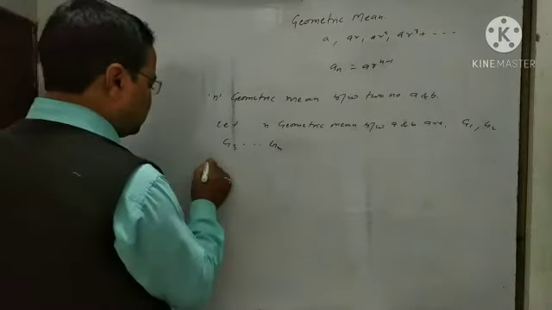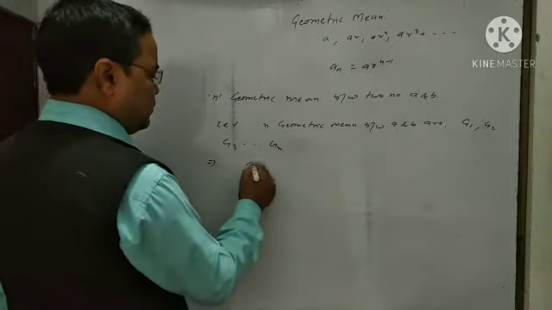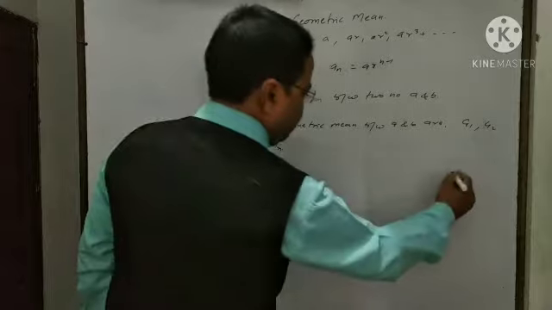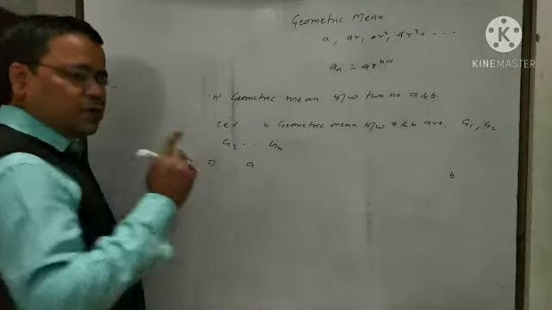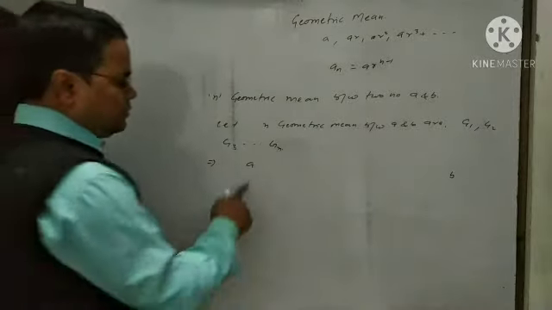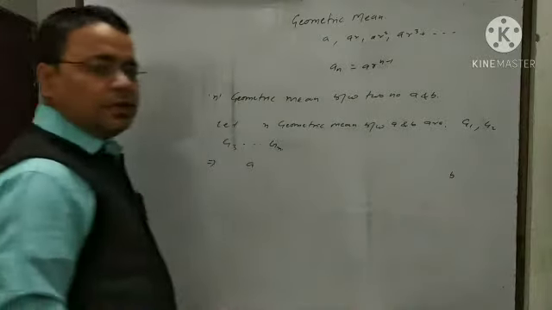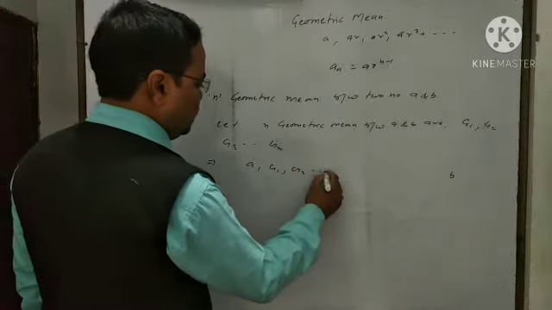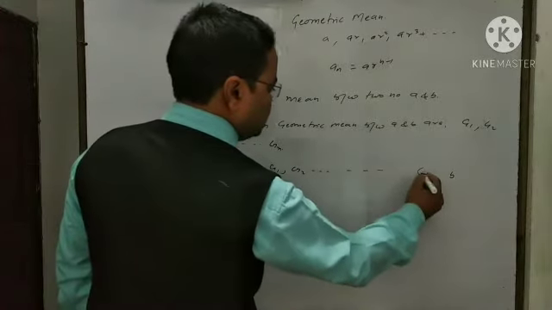Now this implies that the first term will be a, because we want to find n geometric means between the first term a and the last term b. So n geometric means will be here g1, g2 up to here gn.